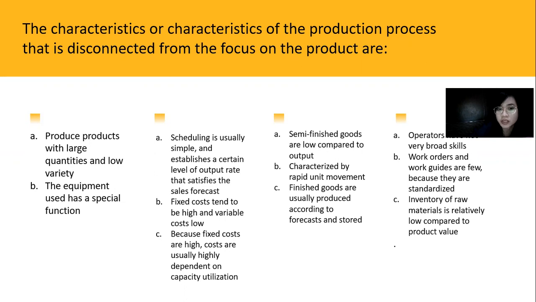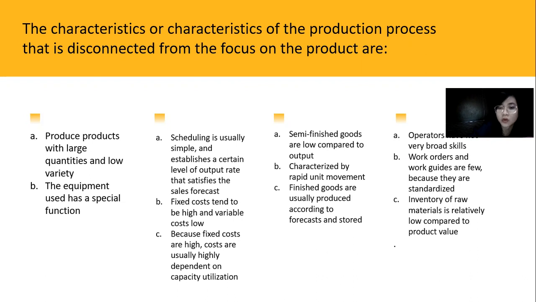Third, scheduling is usually simple and establishes a certain level of output rate that satisfies the sales forecast. Fixed costs tend to be high and variable costs low. Because fixed costs are high, costs highly depend on capacity utilization.